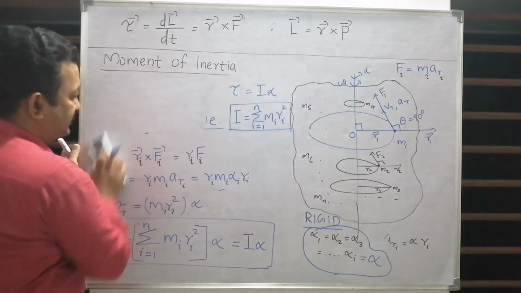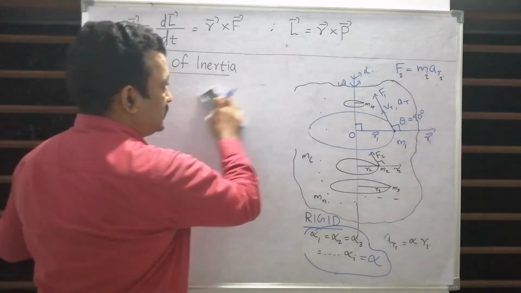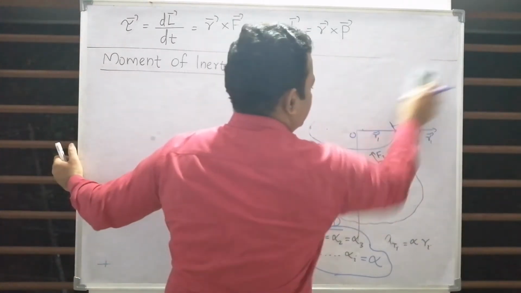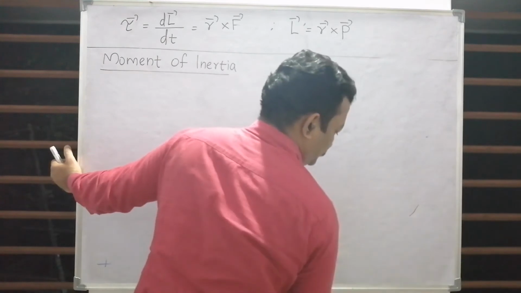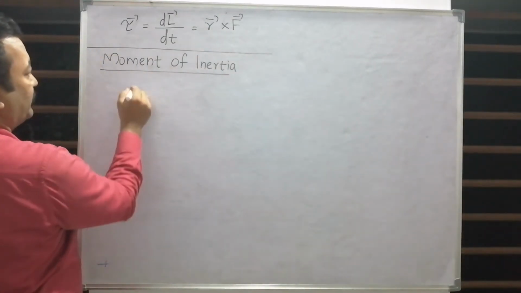So the general expression for moment of inertia of a system of particles can be expressed as moment of inertia.